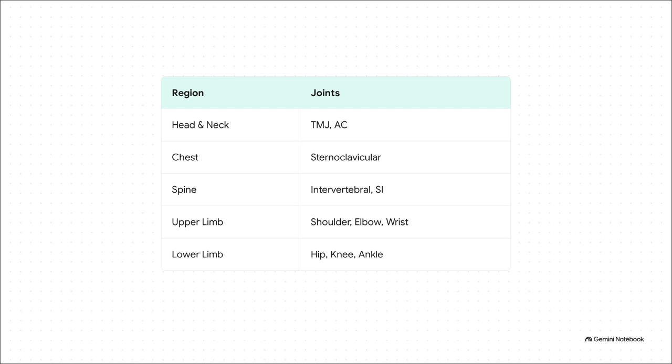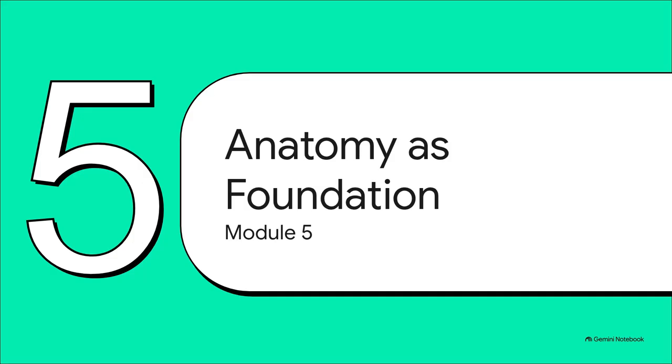The upper limb includes the shoulder, elbow, wrist, and those smaller MCP and IPJ joints of the hand we just mentioned. And the lower limb? That features the major weight-bearing joints, the hip, knee, ankle, along with the MTP and IPJ joints of the foot. So when an operative report states a procedure is on the MTP, you must immediately visualize its specific lower limb location and its mechanical type. It's all connected.